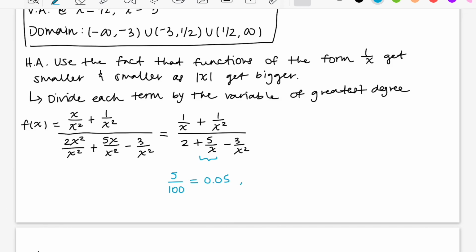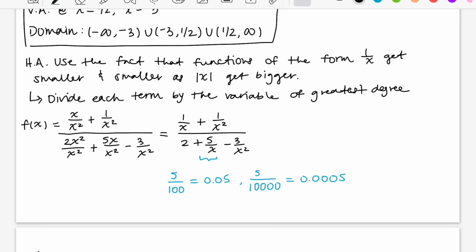Similarly, if we were to make x get bigger and bigger, so let's look at 10,000 now. Putting this into our calculator, we're going to get 0.0005. So as we increase this x value, as x gets bigger and bigger, then 5 divided by x gets closer and closer to 0. This number is going to get smaller and smaller.